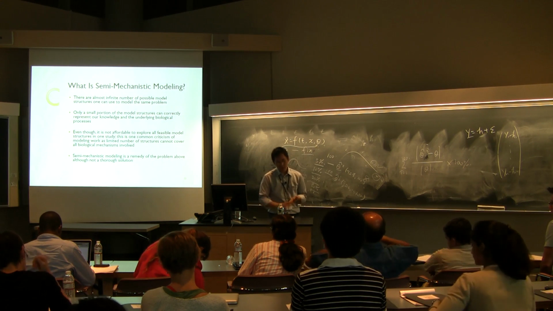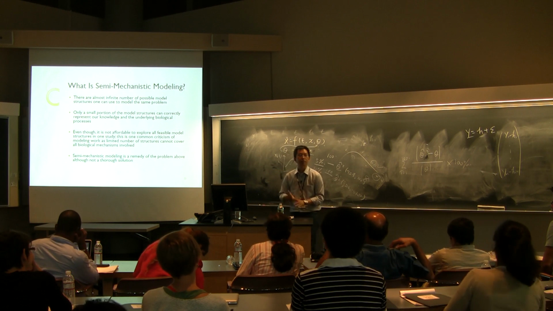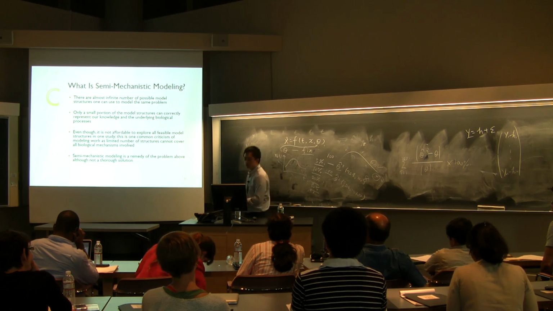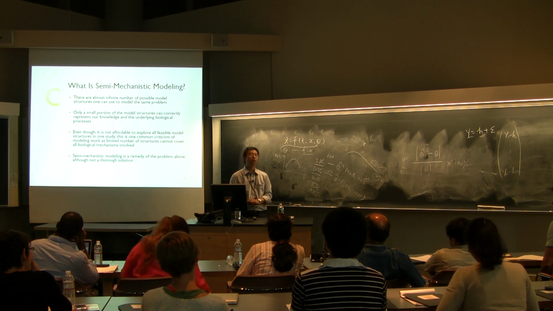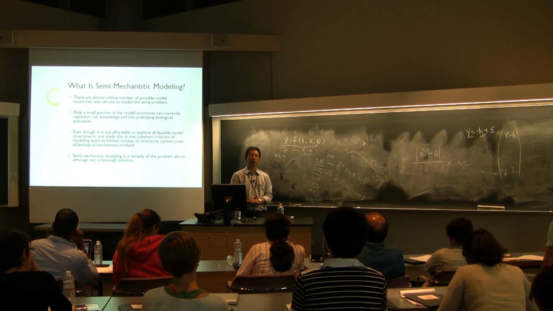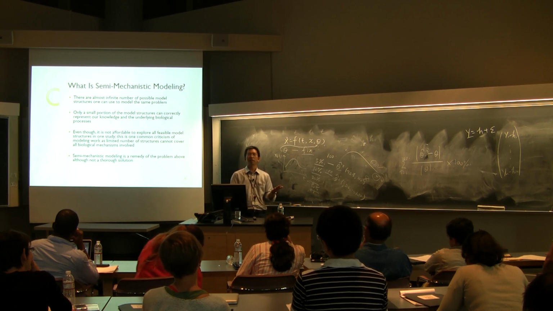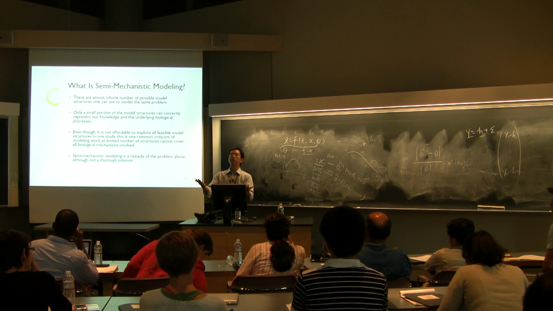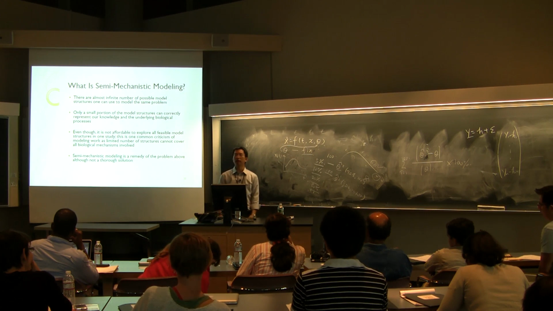As a modeler, when we publish a paper or submit a manuscript, one criticism we usually get is: how do you know you already explored all the possible mechanisms? Because the reviewer only sees a limited number of model structures in your paper, right?